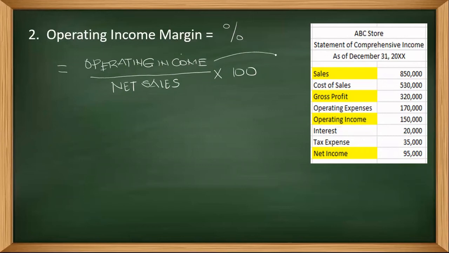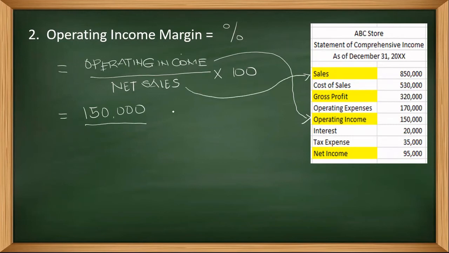Let's find the amount. Operating income is equal to 150,000. Then for the net sales, we get 850,000. Then let's divide 150,000 by 850,000, which is equal to 0.176471, times 100.